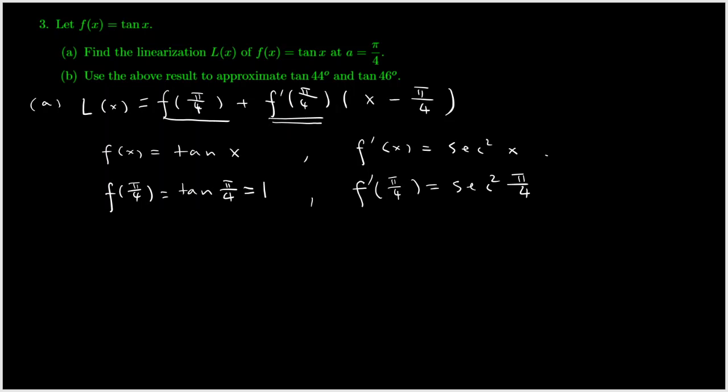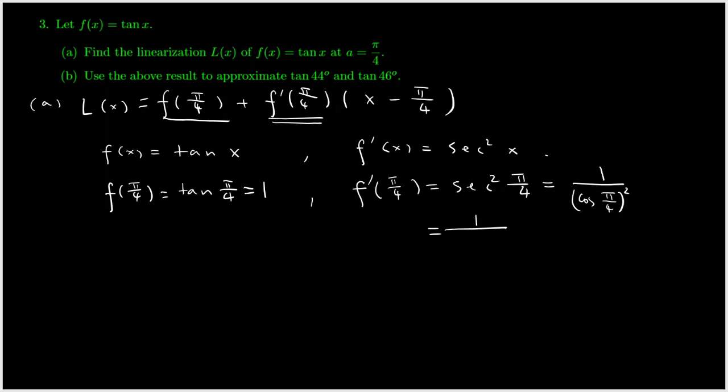But I think for most people, you might want to convert it to 1 over cos of pi over 4, the whole thing squared. Secant is the reciprocal of cos, right?